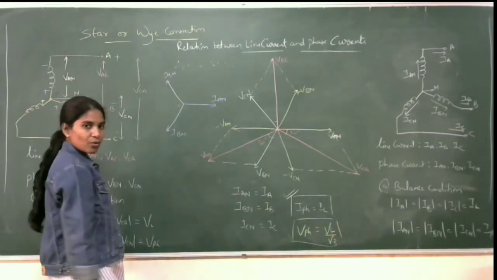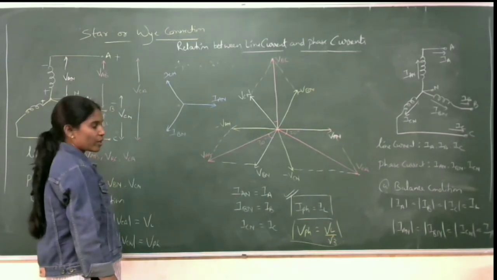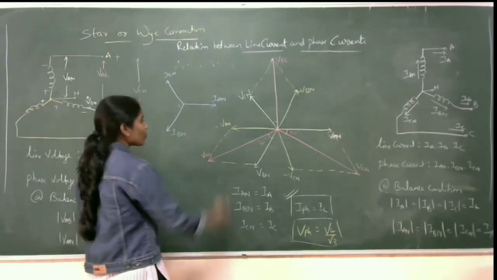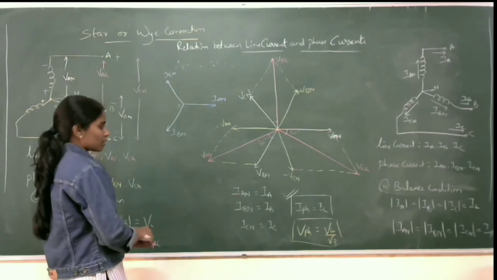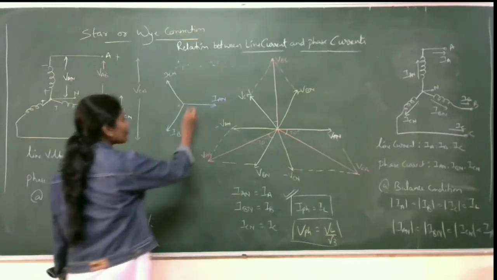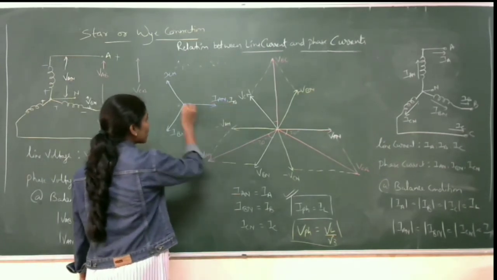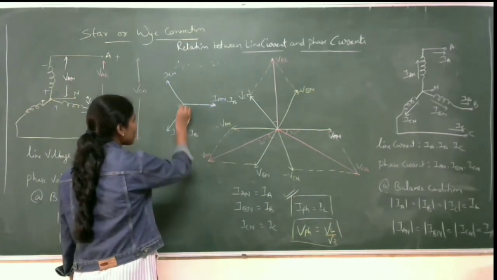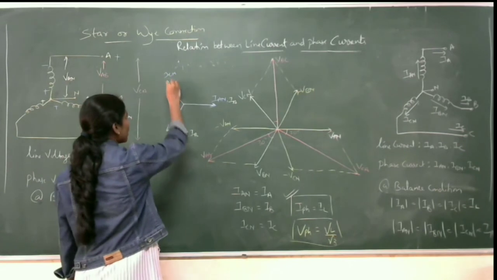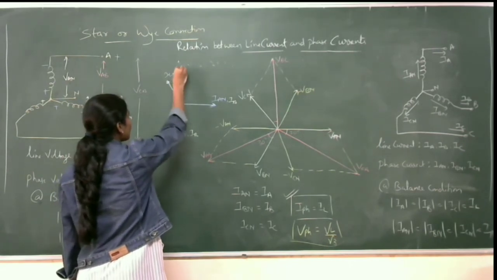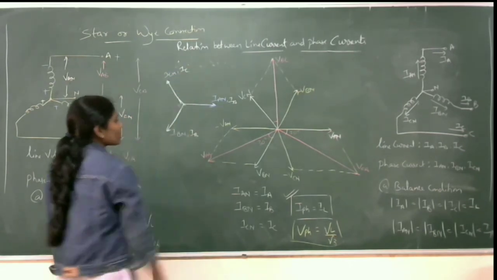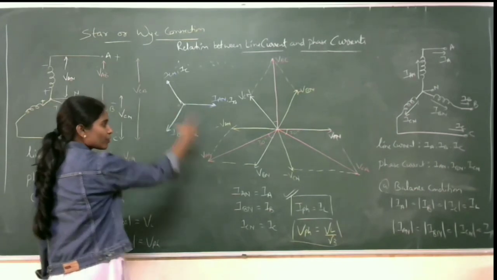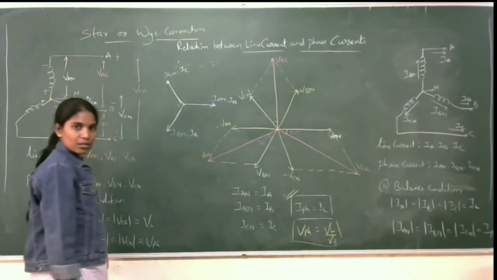Magnitudes are equal and the phase difference is 120 degrees. Now, how could we represent the line current here? See, IPH is equal to IL. So this is nothing but IA, that is line current. You can overlap here. This is IB, line current, and this is IC, line current. So this is the phasor diagram for current phases, and this is the phasor diagram for voltage phases.